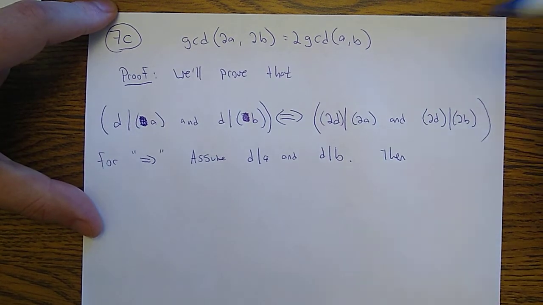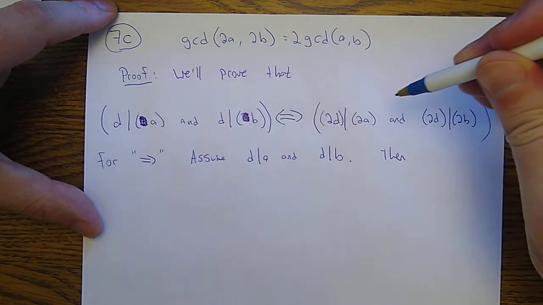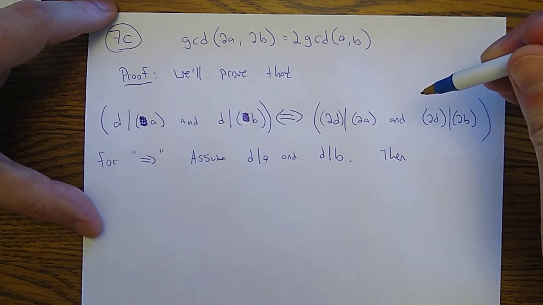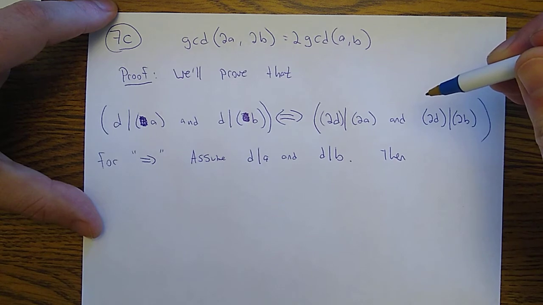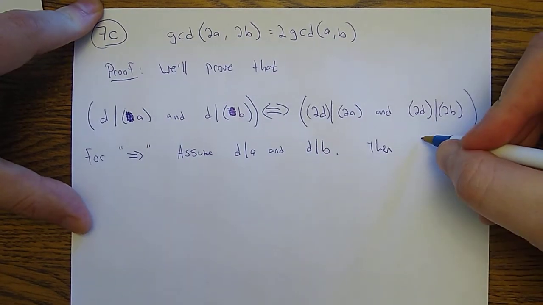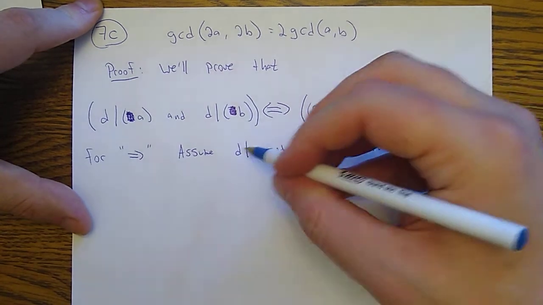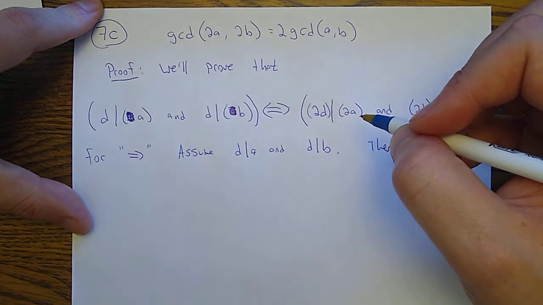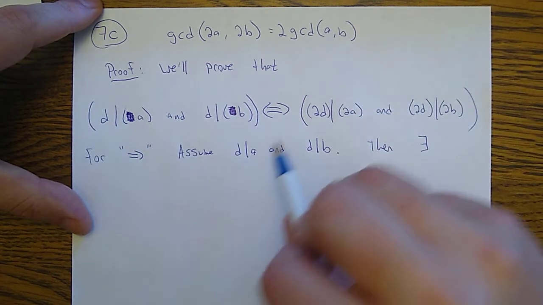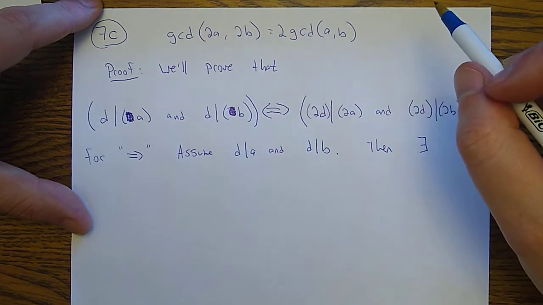This proof is going to be pretty easy, but I'll still show some work. I just need to show that 2D divides 2A, which is pretty obvious.